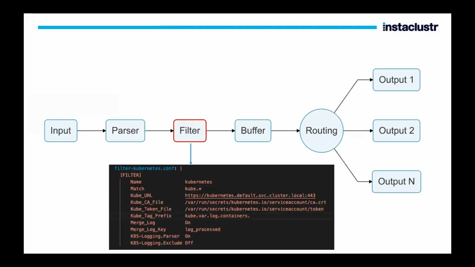Then comes the filters. Basically, a filter in production gives you control of what you want, and that's very important in a log processor, right? So filtering is implemented through a plugin, and there are lots of filters available.